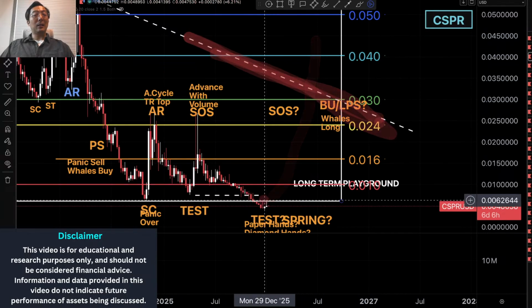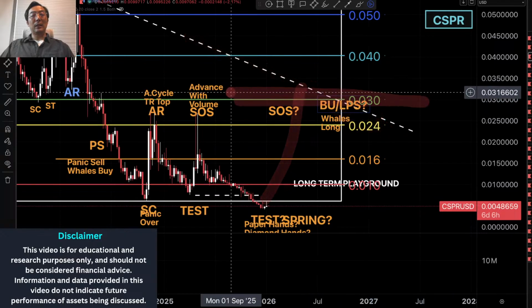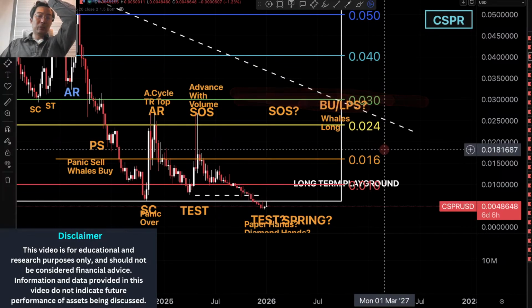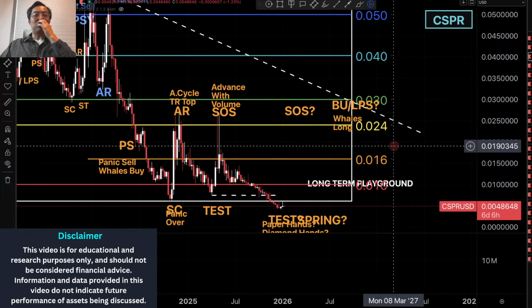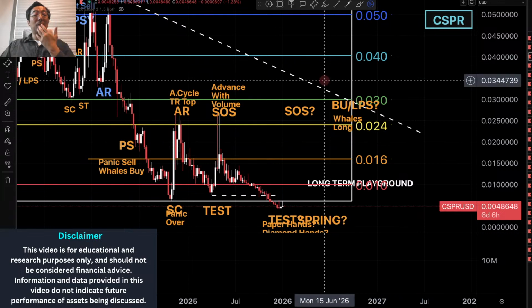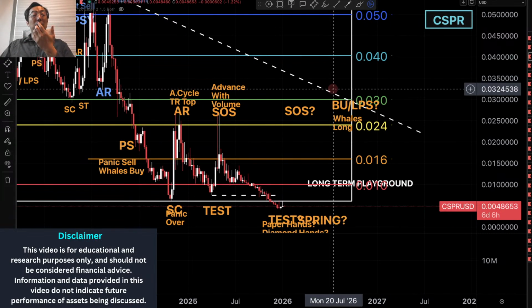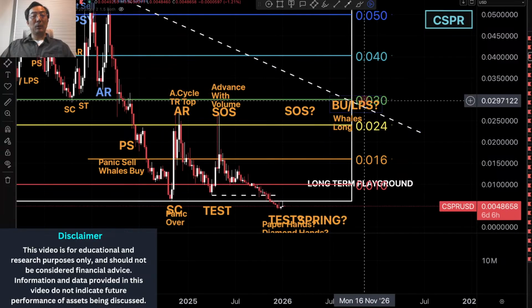If it doesn't get past that line and ends up somewhere along the green key level, that's something we're pretty worried about for the long-term price of Casper. Okay, we just have to probably wait a little bit longer if the project continues to successfully improve and gather more momentum from the wider community in order to break this line.